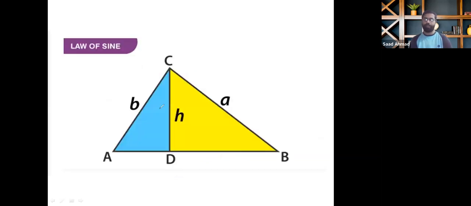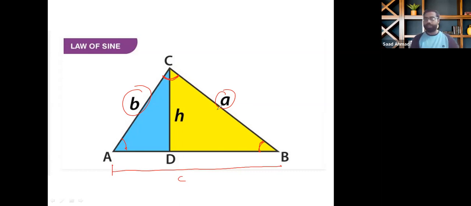Yes, that's it. This is angle A, and this is small a, the side. This is angle B, this is side b. This is angle C, and this whole side will be c.